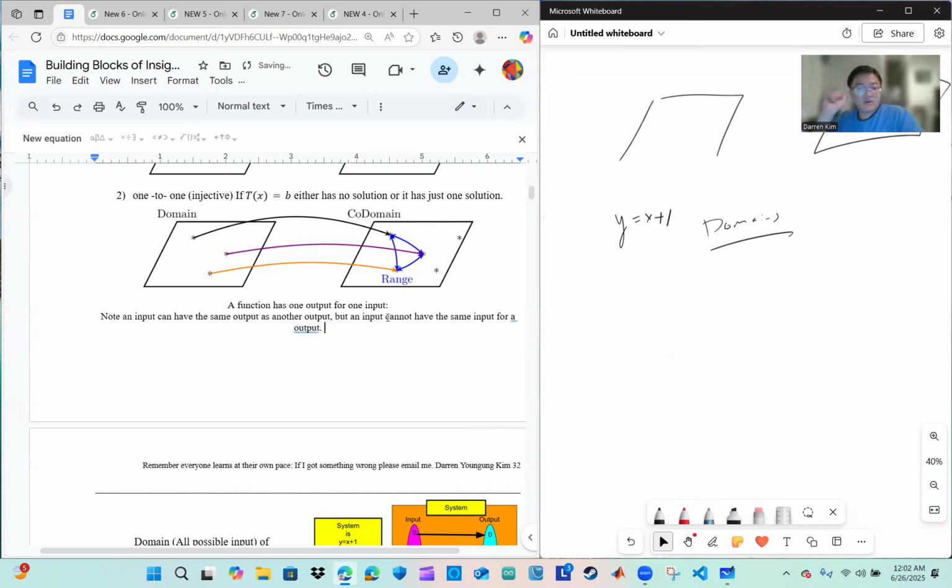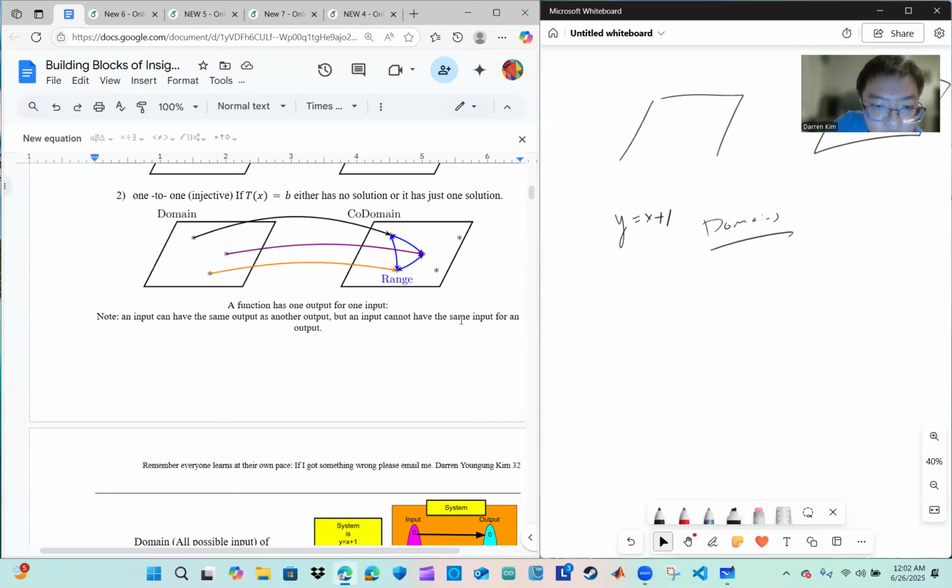No, the wording makes no sense because you don't know what I'm saying. Let me read this again. Note: an input can have the same output as another input, but an input cannot have the same input for an output.